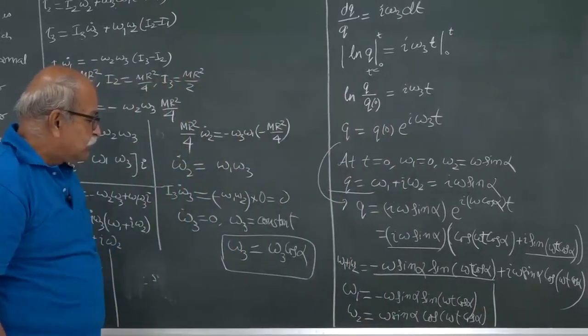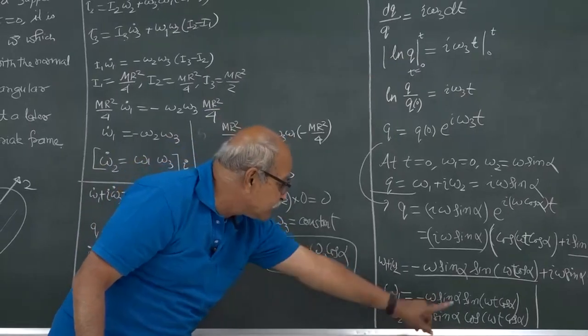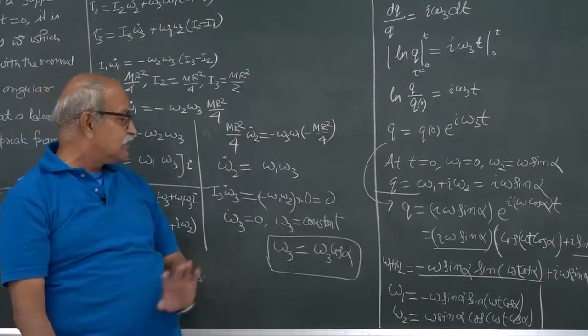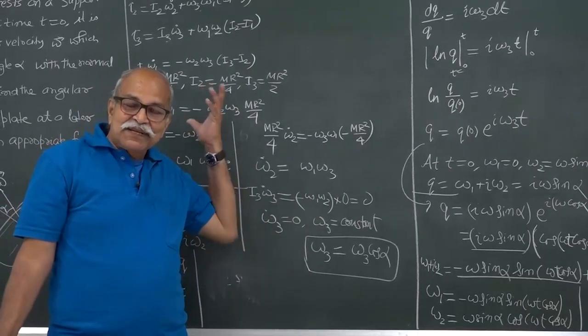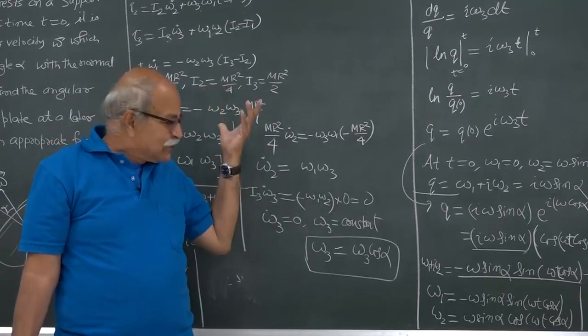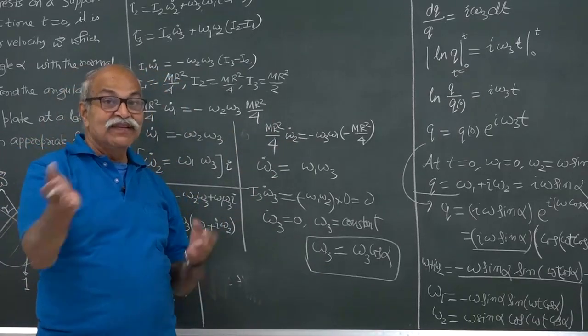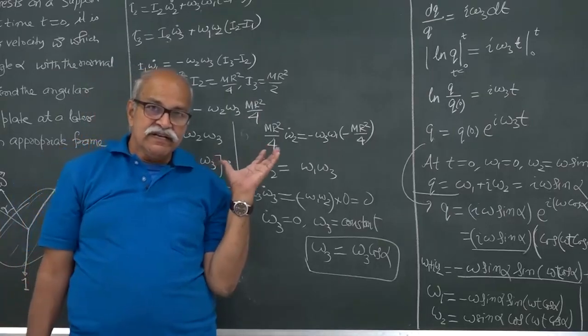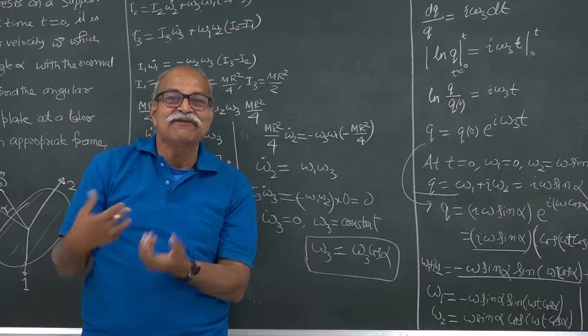All right. So, we have gotten omega 1 as a function of time, omega 2 as a function of time, and omega 3 as a function of time in the particular principal axis frame we have chosen. So, that completes our question. However, how does the disk look in the lab frame?